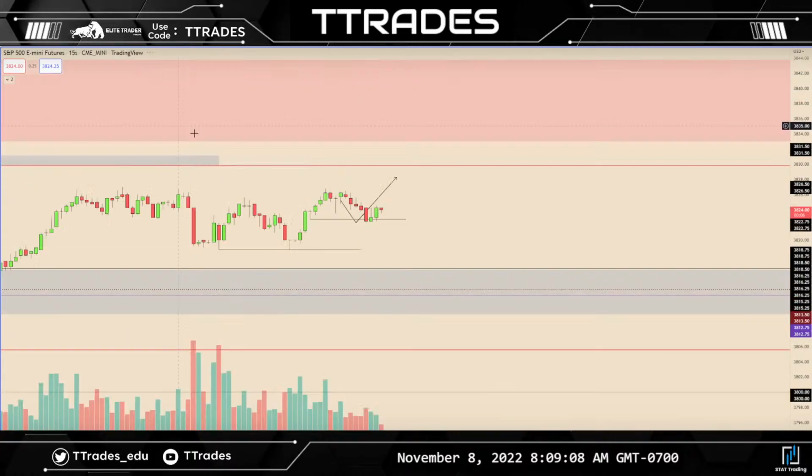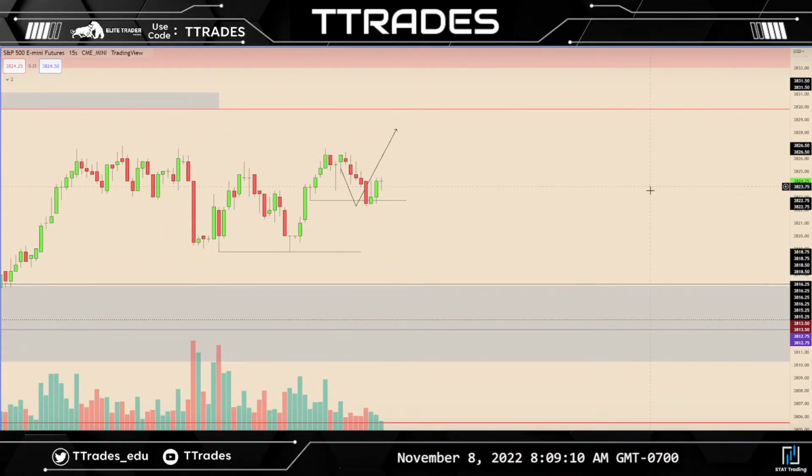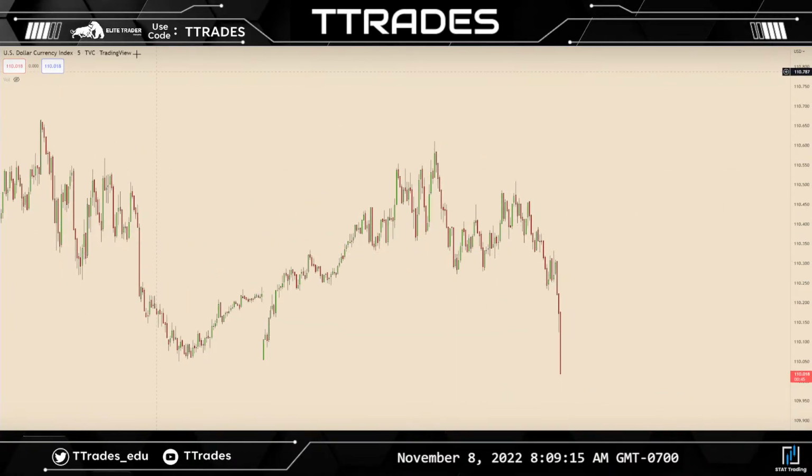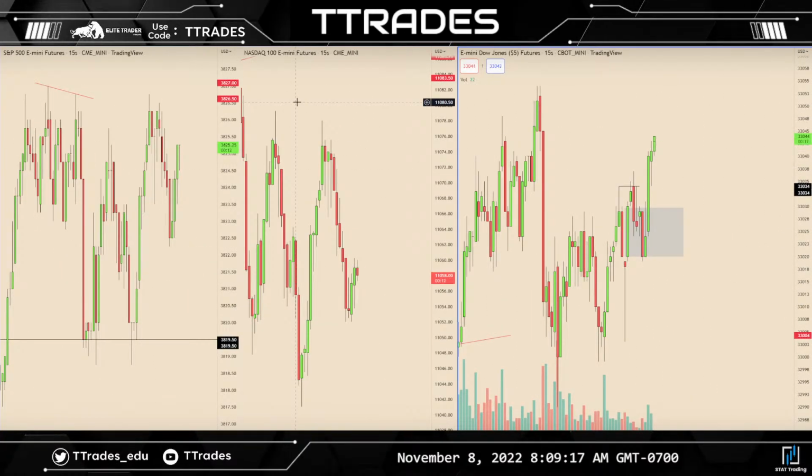So see if we get this displacement up here. Kind of needs to go right now. Let's see. Damn Dixie. So we'll watch and see when Dow reaches this high. Right.